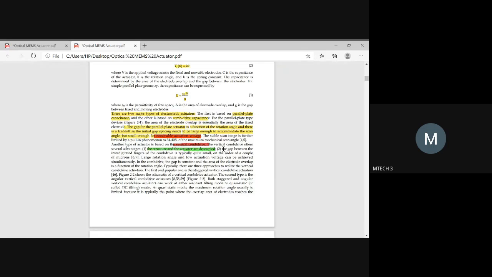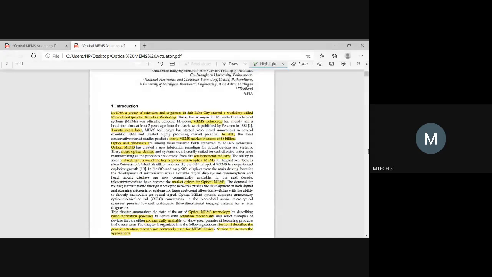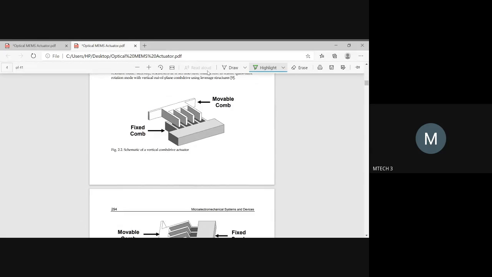Secondly, the gap between the integrated fingers of the combo drive is typically quite small. In the case of parallel plates, there is a specific gap between the two electrodes. But in a combo pack, even when they come and lie down, there will be only a small difference.